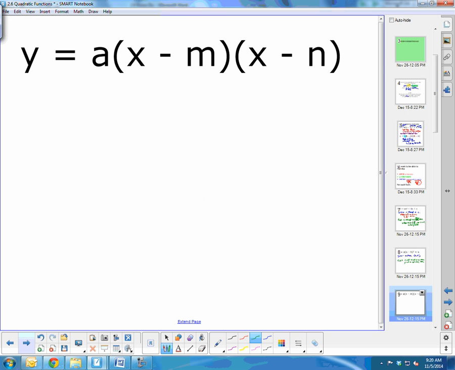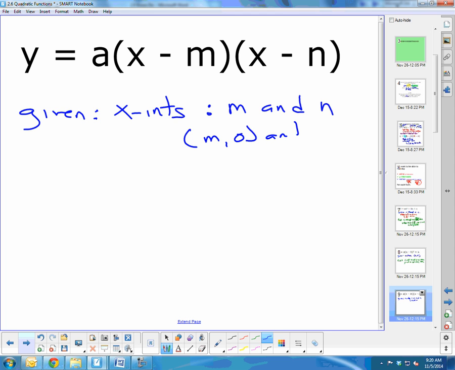The third form, the intercepts form, that factored form there, the given are going to be the x-intercepts, and those are going to be m and n, and if you want to call it m comma 0 and n comma 0. So you get it for free. Don't have to calculate it. Don't have to worry about it. You just read the equation. You get it right there for free.